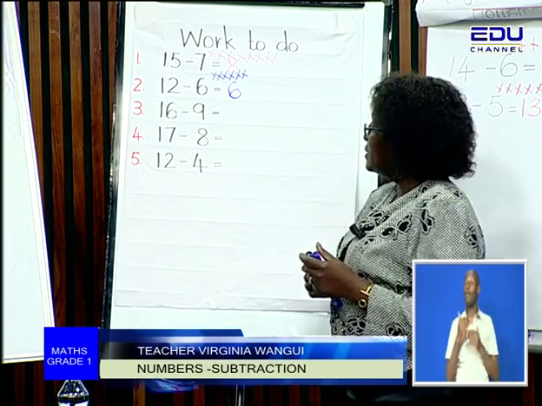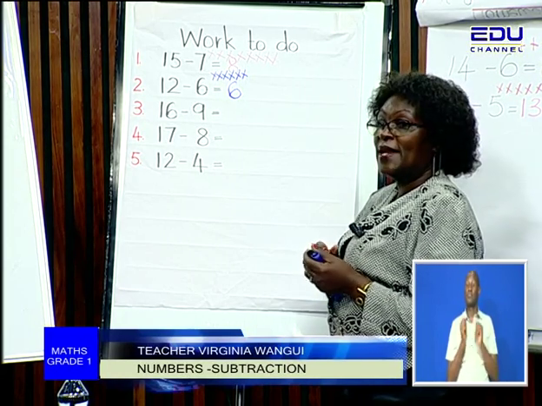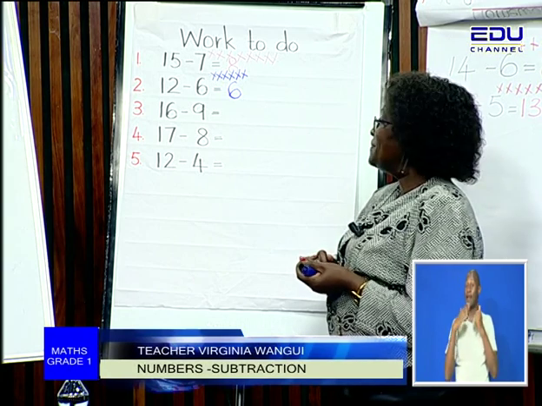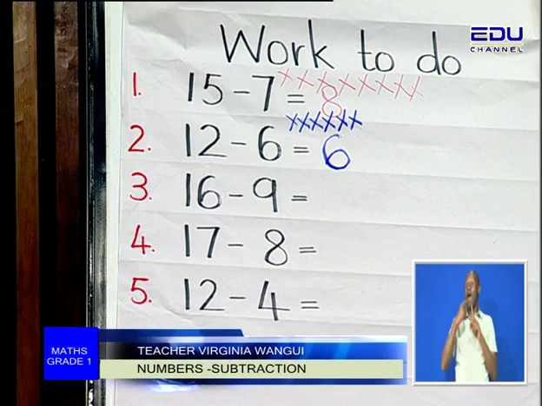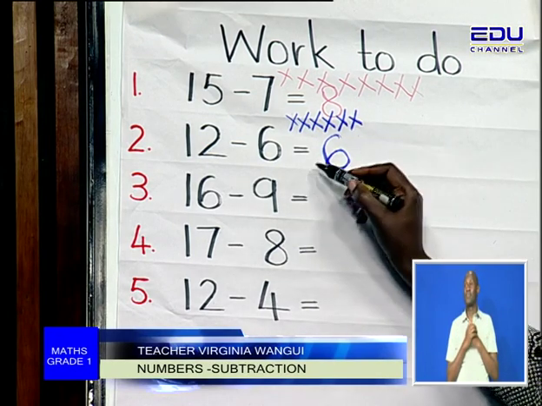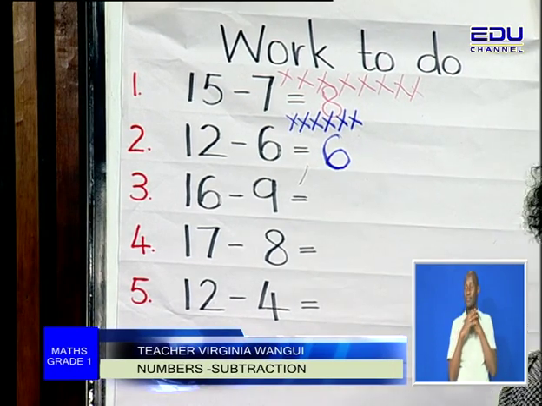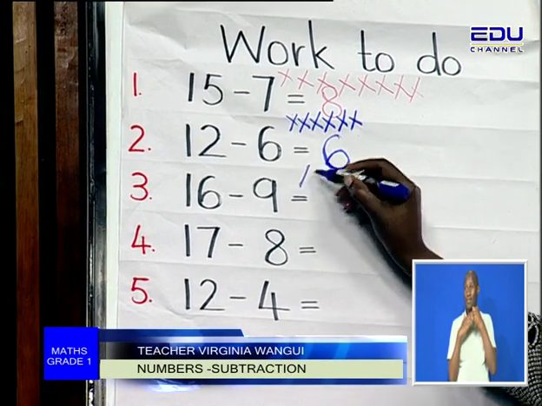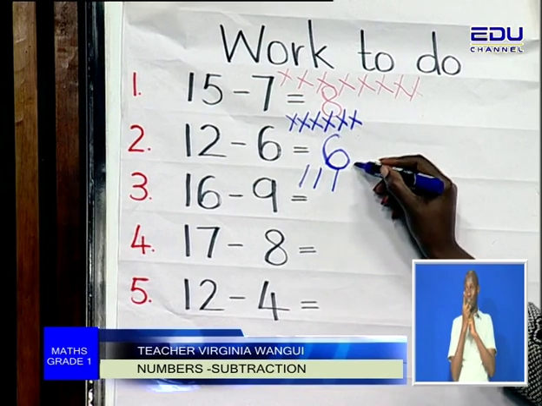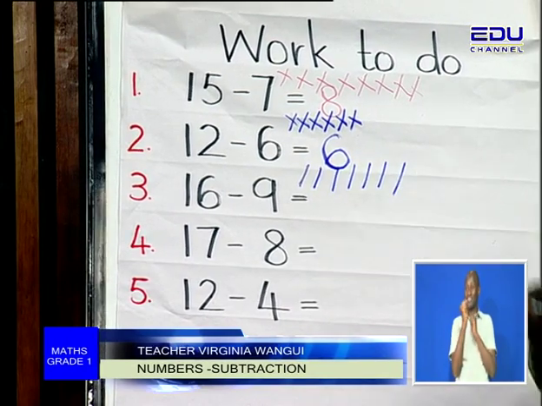Next one, Lana, try 16 take away 9. Let us add on to 9. We count up to 16: 9, 10, 11, 12, 13, 14, 15, 16.